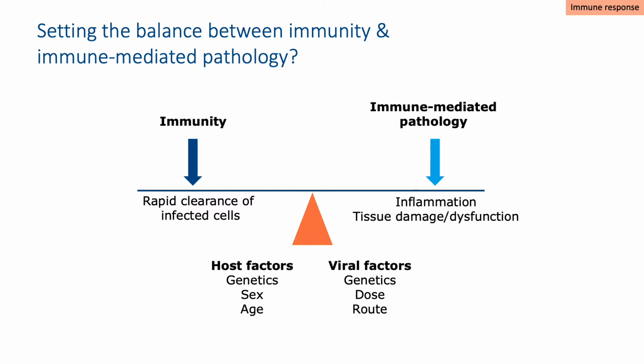And if that is in an organ such as the lung or the heart, which are incredibly sensitive to functional disturbance, that can lead very quickly to very severe clinical consequences. And as noted, this essential balance between clearing immunity, protective, safe immunity, and immune pathology is something that is driven by a whole variety of insults in terms of the virus and host factors, as I have described.